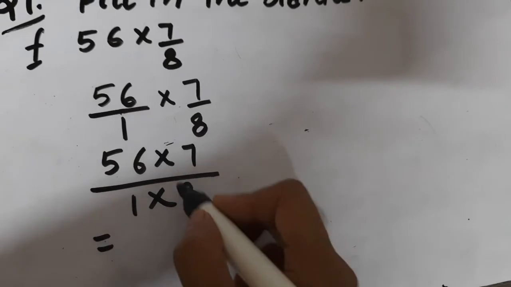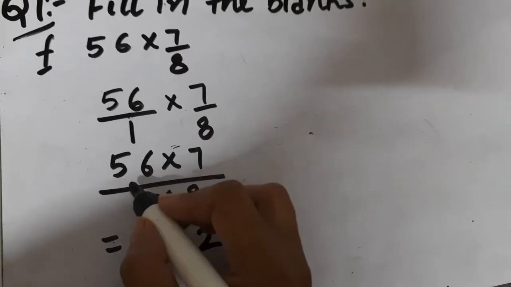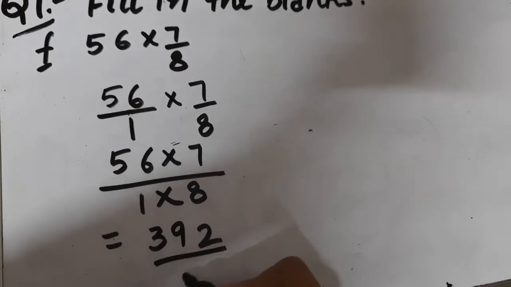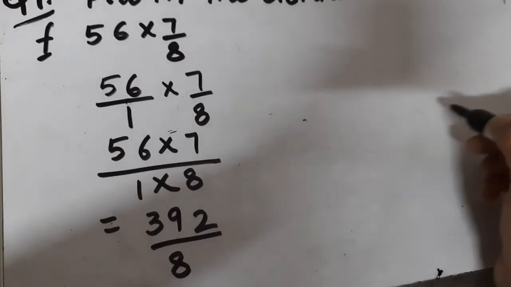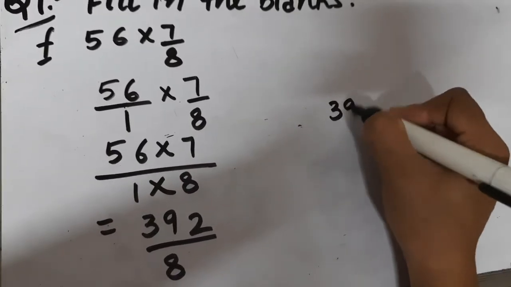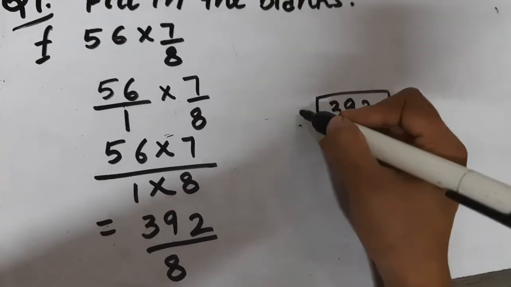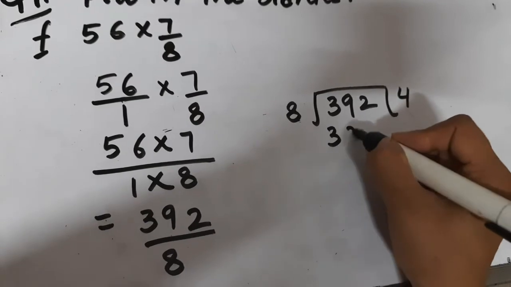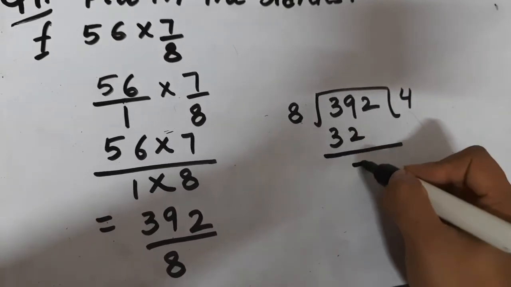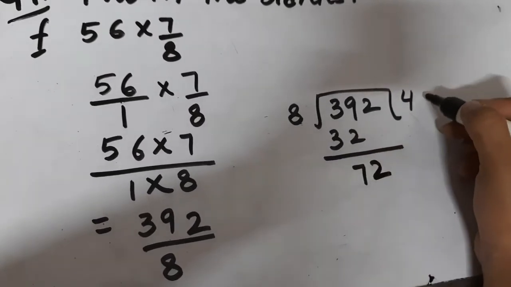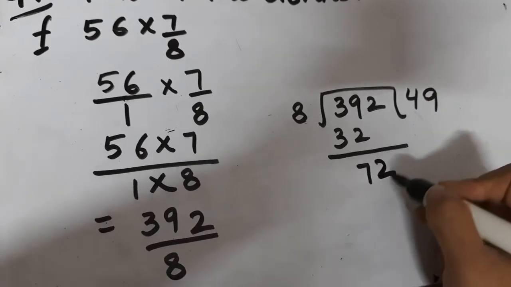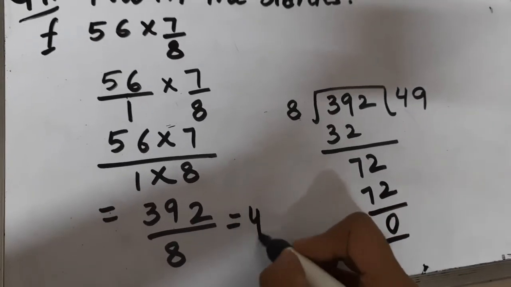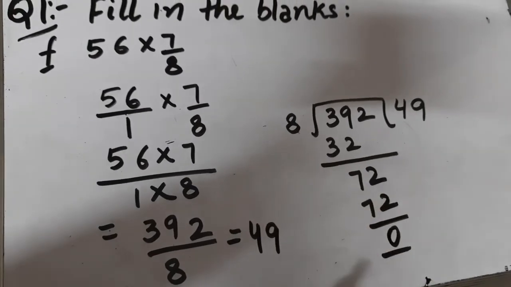Now 7 6s are 42, 7 5s are 35, 35 plus 4 is 39 upon 8. Now divide 392 by 8. 8 4s are 32. 39 minus 32 is 7. Bring this 2 down. 8 9s are 72. So your answer will be 49. Okay, like this you will solve this question.